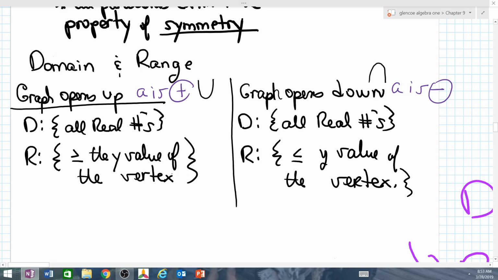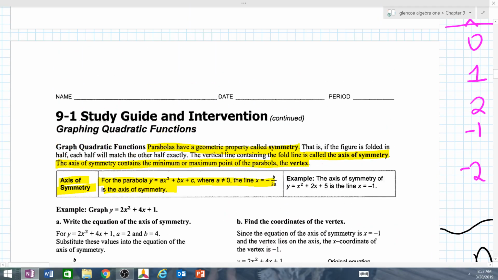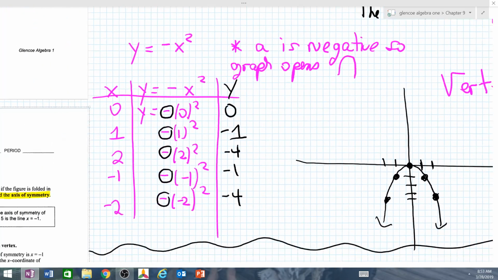In this particular case, a was negative, and the graph opened upside down like a frown. Again, the domain will always be all real numbers, but when the graph opens upside down, the range is less than or equal to the y value of the vertex. So in this example, the range is less than or equal to 0.